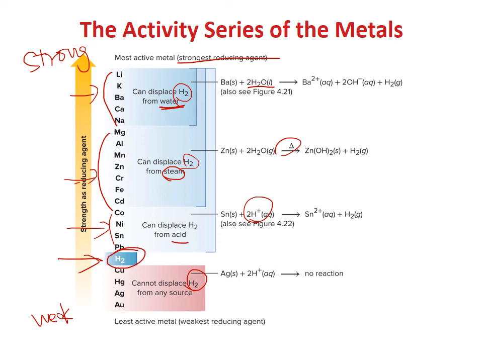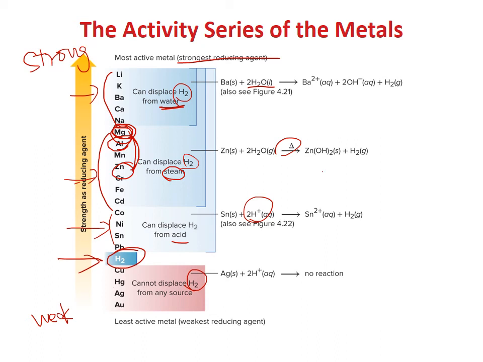to compare two metals. For example, let's compare magnesium and zinc. Because magnesium is above zinc, magnesium has a stronger reducing power than zinc, and magnesium can displace zinc from its cation solution.